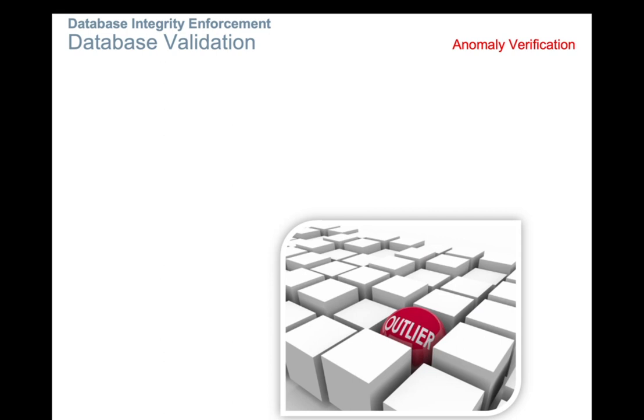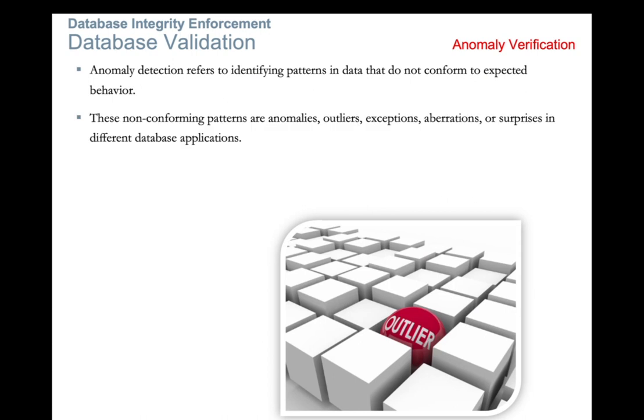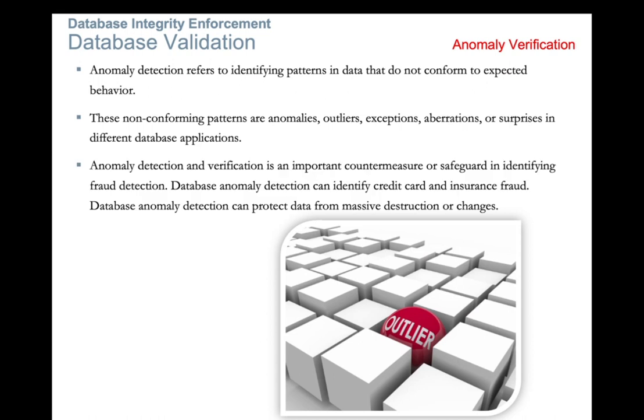So these non-conforming patterns or anomalies are the outliers, exceptions, aberrations, or surprises in different database applications. So anomaly detection and verification is an important countermeasure or safeguard in identifying fraud.